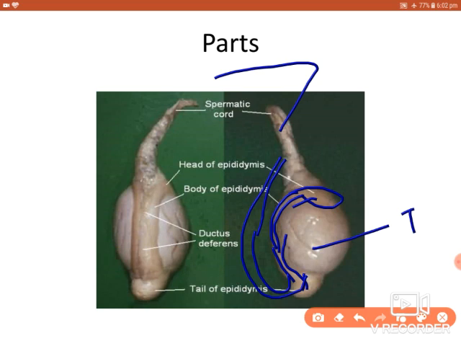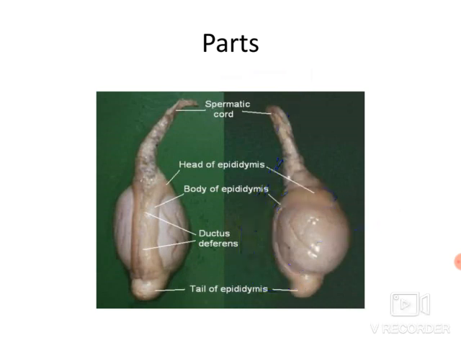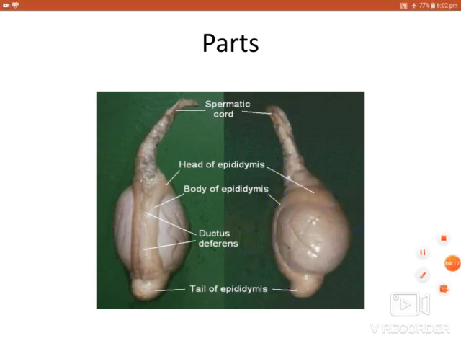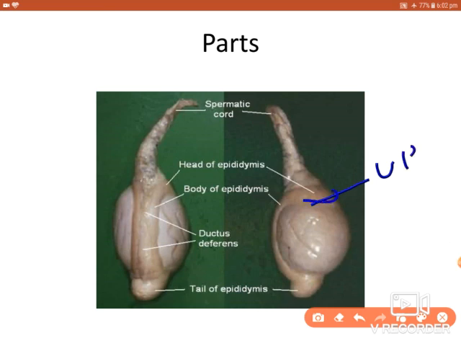Coming to the features of the testis, this is the upper pole, which leads to the head of the epididymis. This one is the lower pole. This is the anterior border.